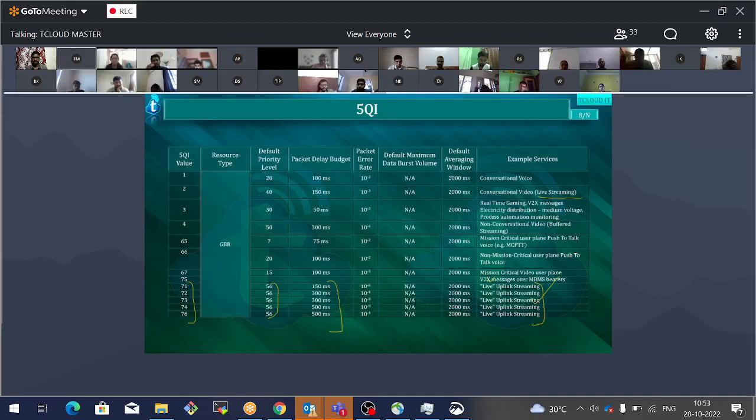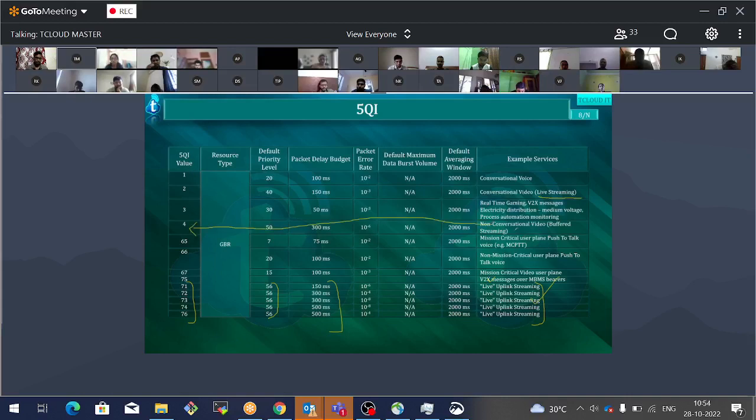Remember, every application traffic would be classified into one of these example services, depending on what that application is doing. Based on where your application data fits, obviously the network will try to allocate you the corresponding 5QI value.